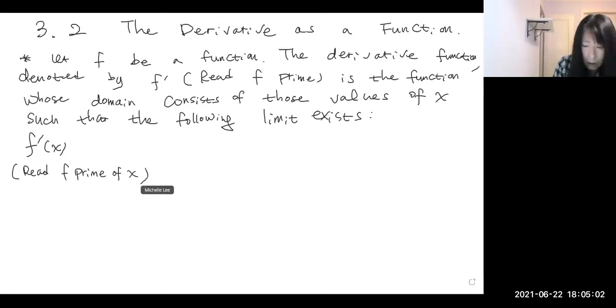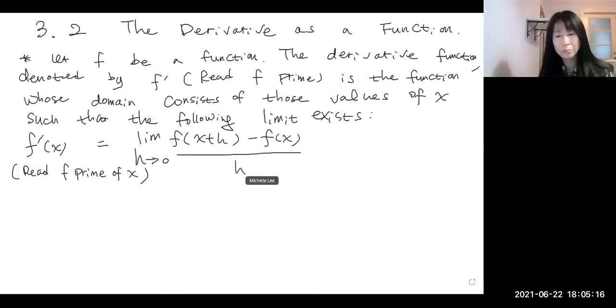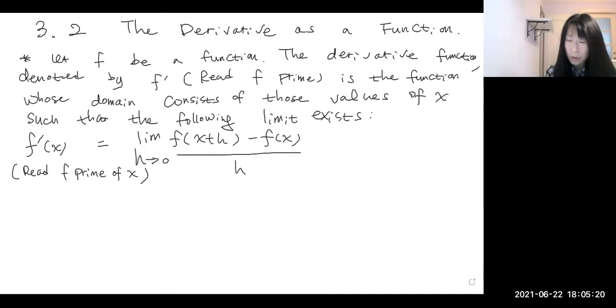Okay, then we have h approach to 0, limit of f of x plus h minus f of x over h. Okay, so here, this one, derivative of function. So we did that last time.